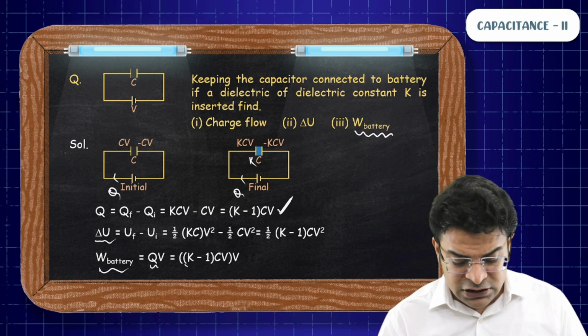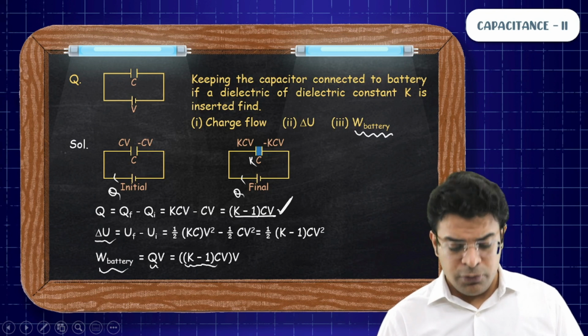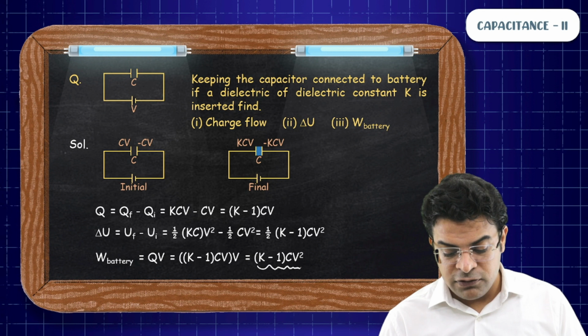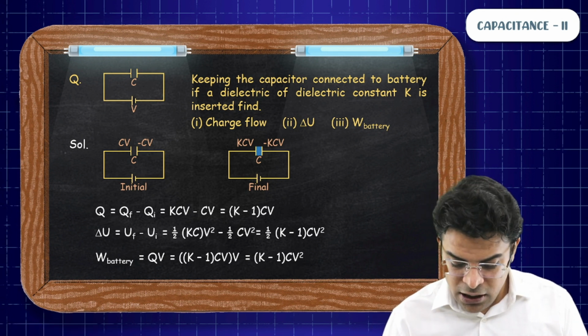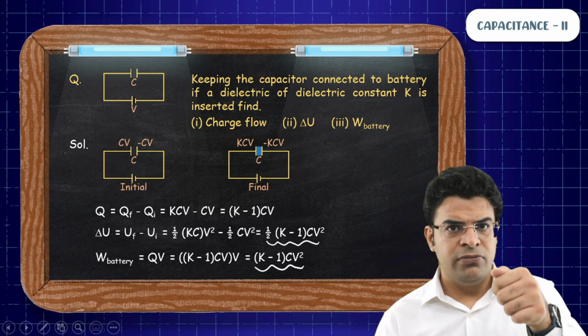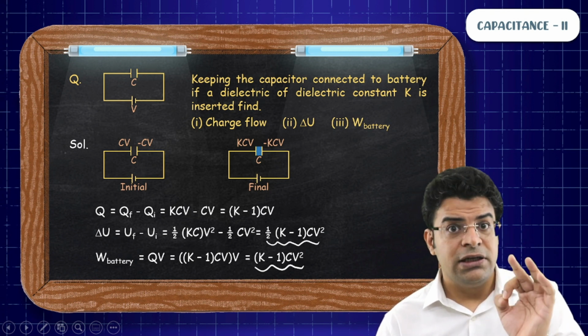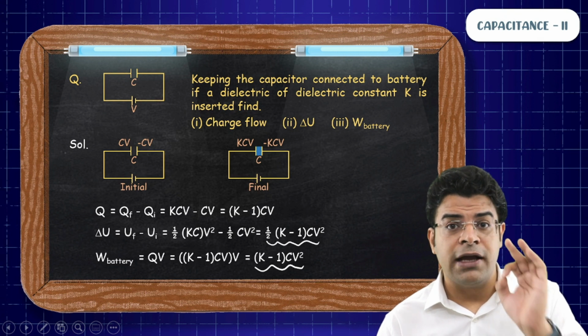So the excess charge that flows is K minus 1 into CV multiplied by the potential drop across its terminal V. So what you get here is K minus 1 CV square. I want you to notice this again, only 50% of the work done by battery is stored as energy between the plates of the capacitor.